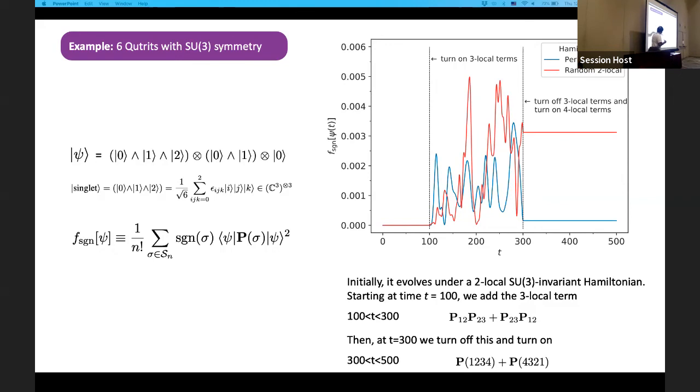But then we turn on terms that are SU(3) invariant, but not 2-local. And then this quantity starts changing, right? Then at t equal to 300, we turn on terms that are not necessarily 2-local, but still respect that symmetry, that parity that I explained before, and then again this quantity remains constant.